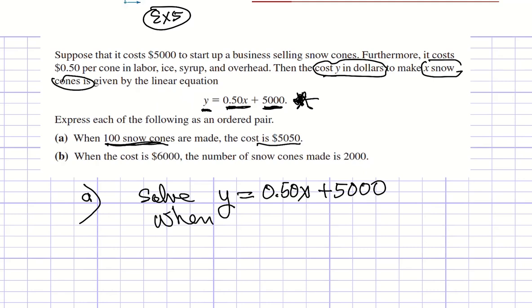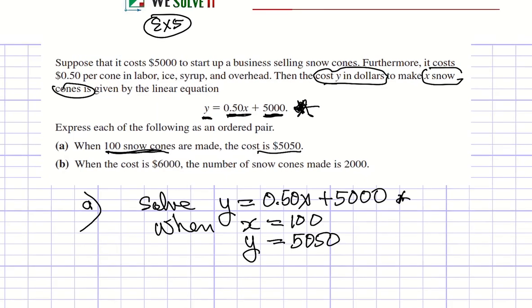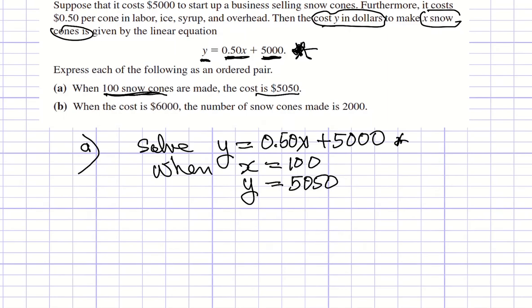That's all they're saying there. They're telling you to take this value of x and substitute it into this equation. When you solve it, you're going to get an ordered pair.